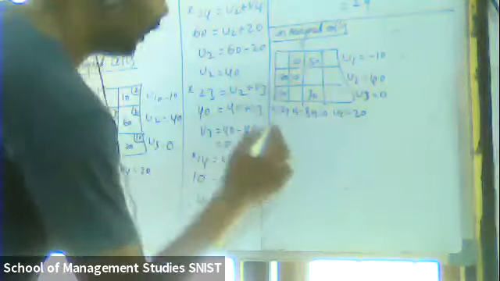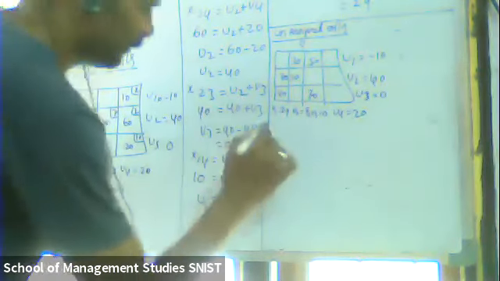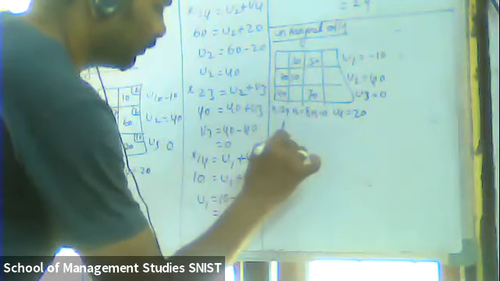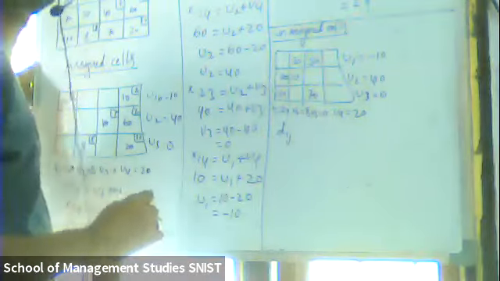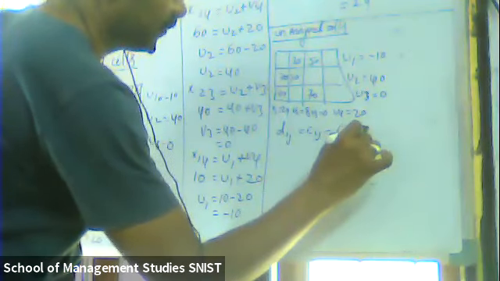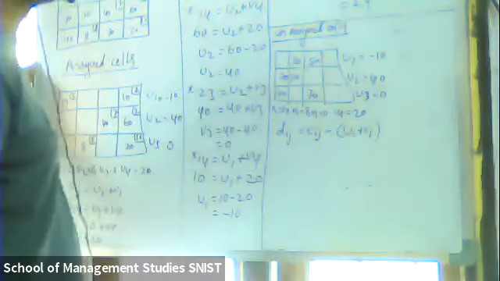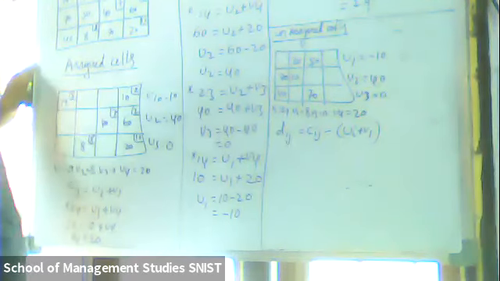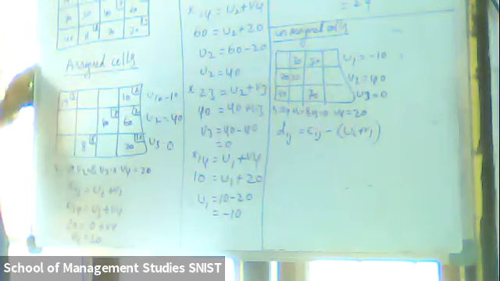Now next, how to calculate the unassigned cells? Dij equals Cij minus (Ui plus Vj).